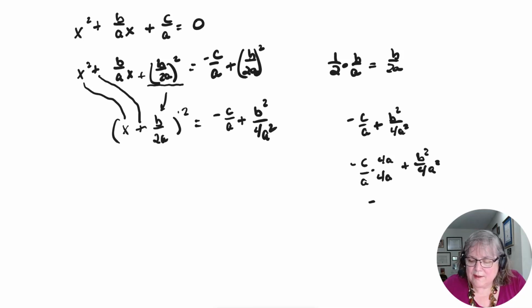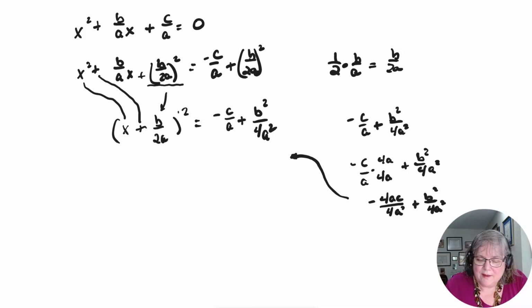So I'd have minus 4ac. It looks like this, and I can add these together and put it right there. I'm going to put the b squared in the front because I like the positive leading. It's a nice form. So I'm here.